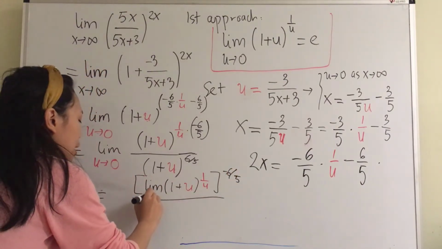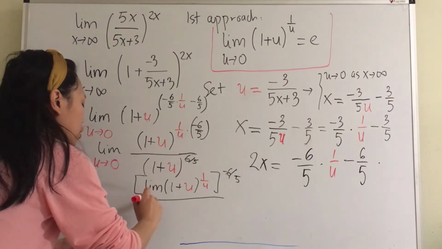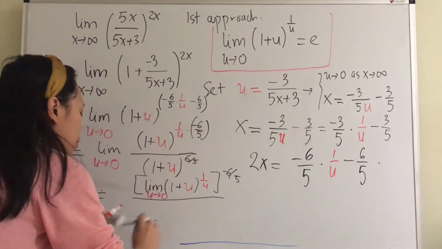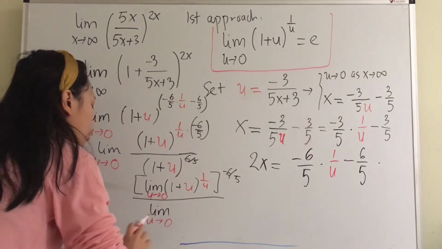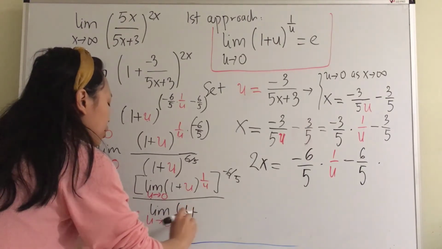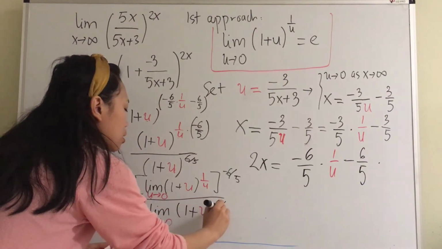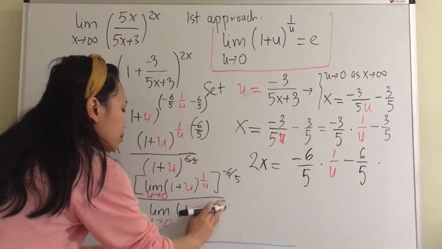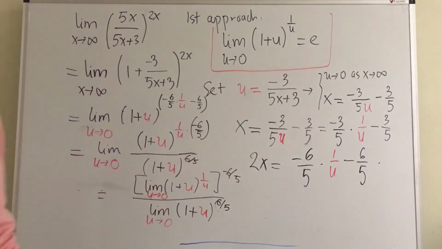And don't forget this u goes to 0, right? And the bottom you have the limit as u approaches 0 of 1 plus u to the 6/5. Let me rewrite this one. Can you see it? To the 6/5. Alright, so now what do we have?